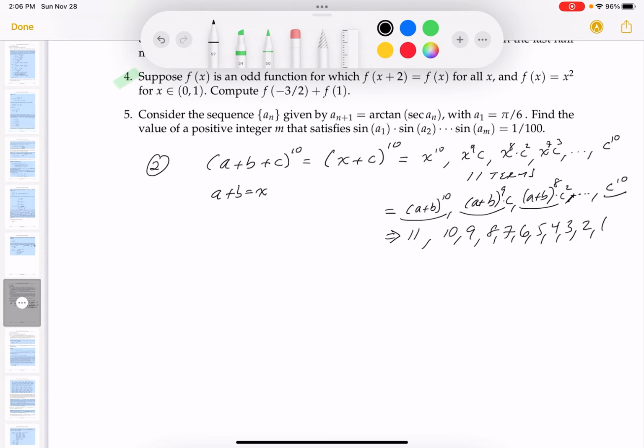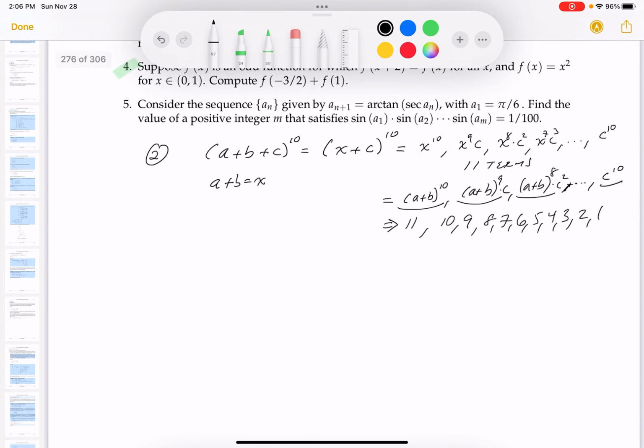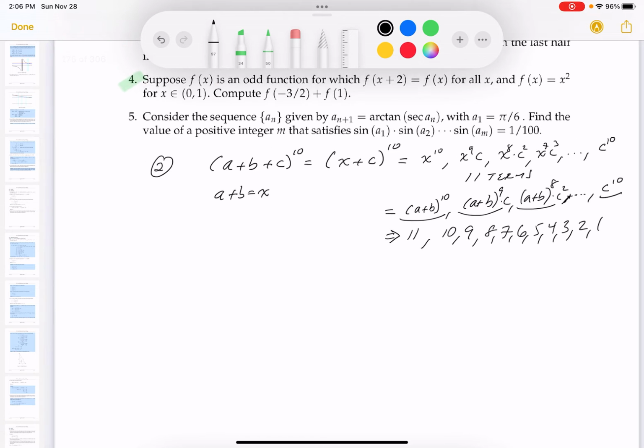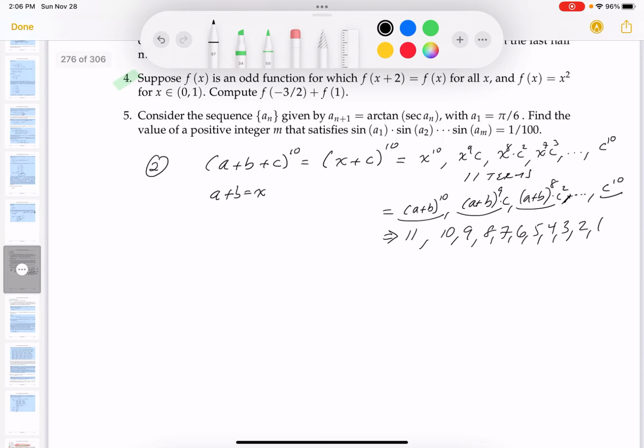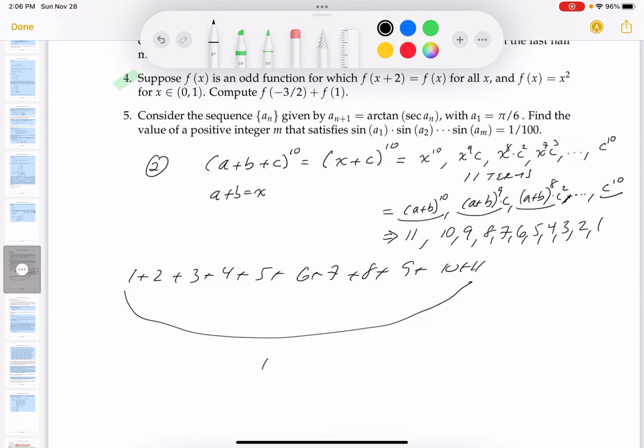I'll point out the way I would do it. Again, I'm not saying you can't use a formula. I'm just saying I wanted to point out some obvious things about the addition of this over here. So if you have 1 plus 2 plus 3 plus 4 plus 5 plus 6, let me see, 1, 2, 3, 4, 5, 6, 7, 8, 9, 10, 11. I'm sure you saw this story before. That's 12.